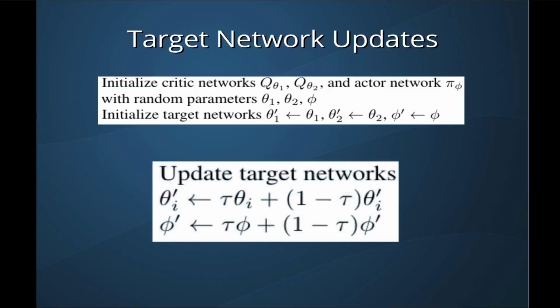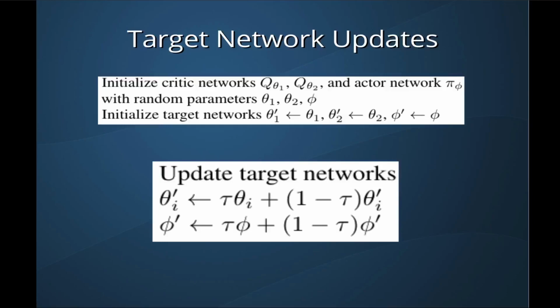Every other time step, we're going to use the following expression to update the weights. So on the left side, you have theta and phi prime, where the i on the theta denotes either critic 1 or 2. Phi is the parameter for our policy network, and the thetas are the parameters for our critic networks.